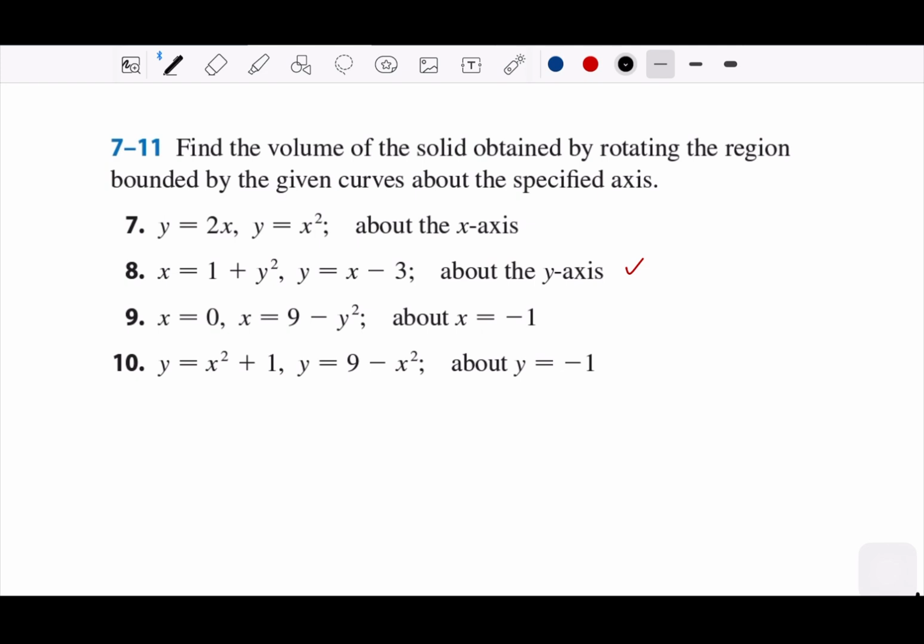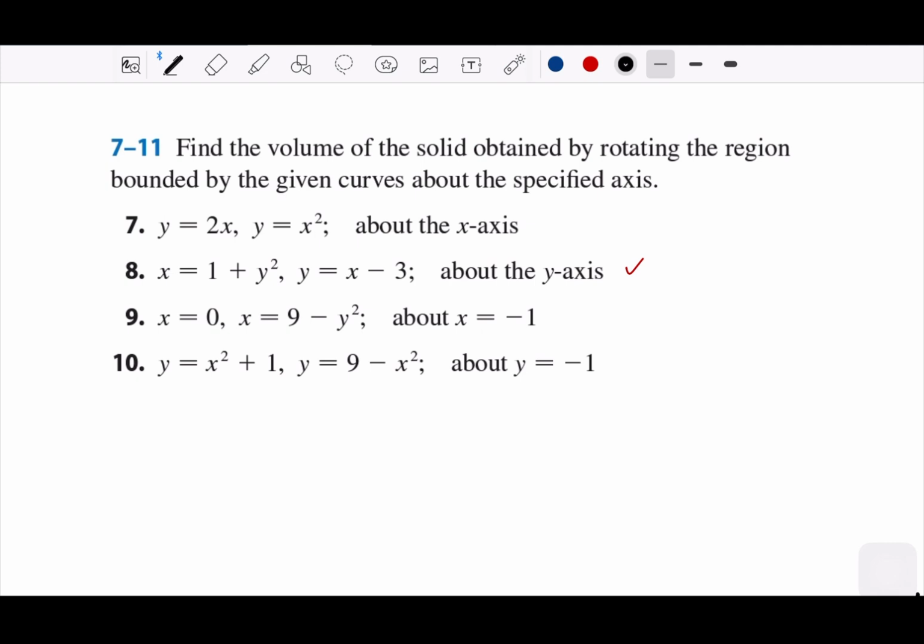As long as you can illustrate how the curves look, how the region looks, how they are rotating, and how the solid of revolution looks, that will be the key to determine which curve needs to be subtracted from another one. And the result is just obtained by the integral of our formulation. So after the identification and formulation, I believe that will be the key.